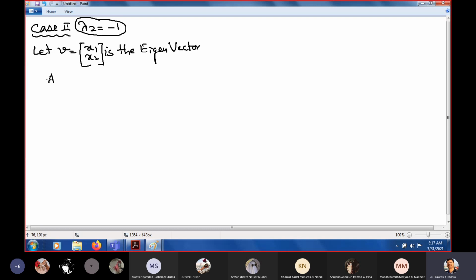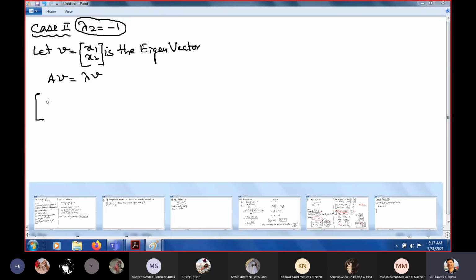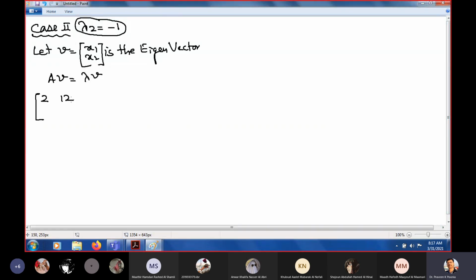Therefore, A v equals lambda v. Put the value of A. What was the value of A? [[2, 12], [1, 3]], times x1, x2, equals lambda, minus 1, times x1, x2.